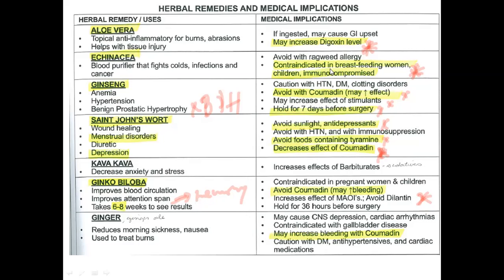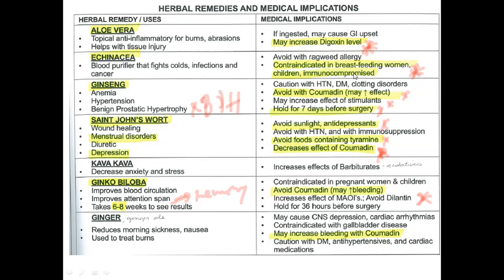Even then it is not good to give if anybody is immunocompromised. Who is immunocompromised? If the patient has HIV or cancer under chemotherapy, right? Organ transplant patients are immunocompromised, immunosuppressed. They easily get attacked by infection.